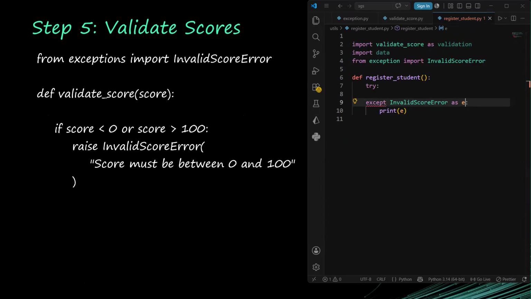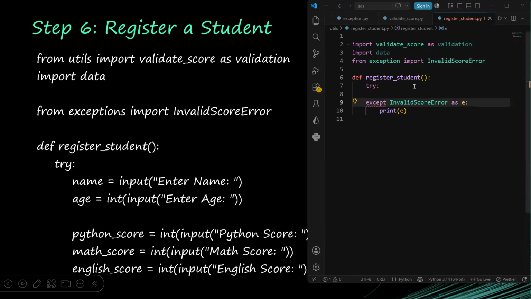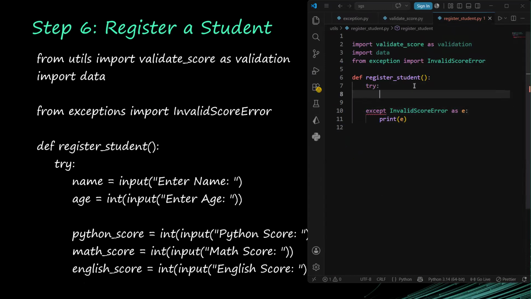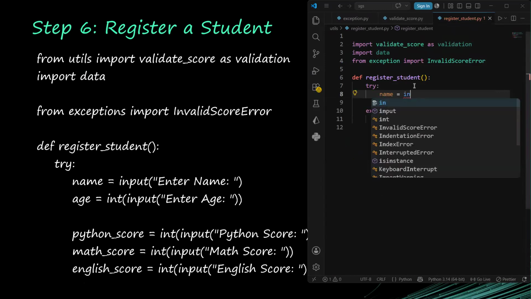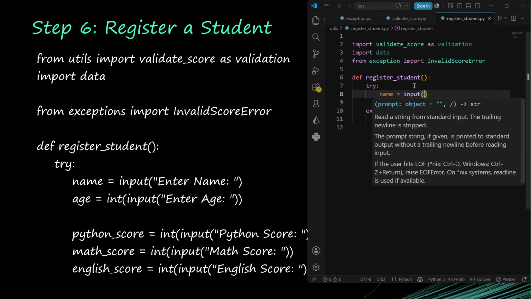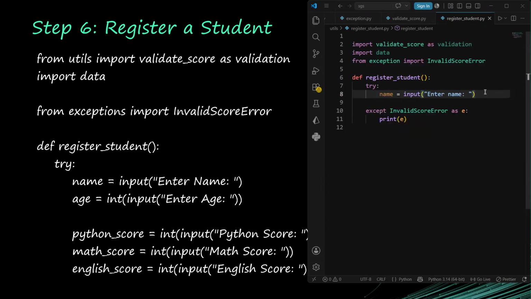So now, when we want to register a student, we expect that they give us their name. So we say name is equal to input, enter name. Then age is going to be another one.